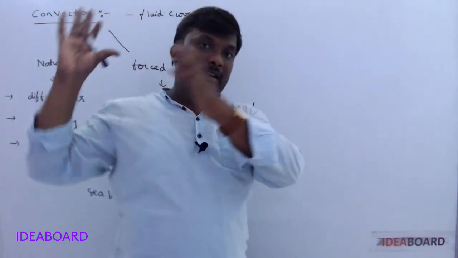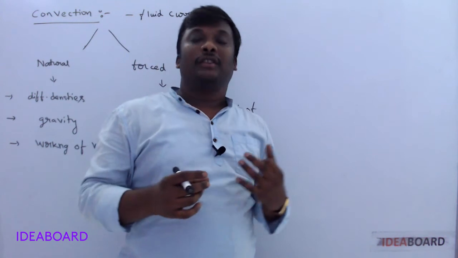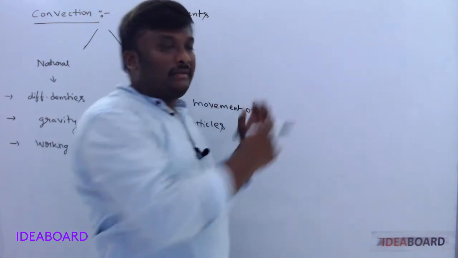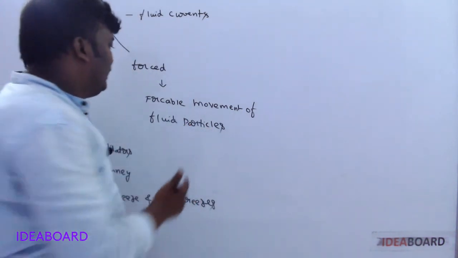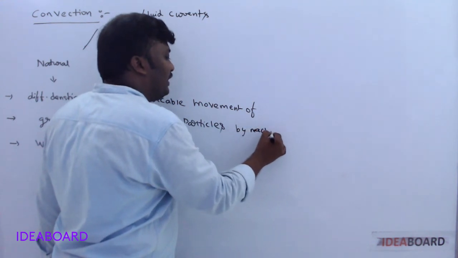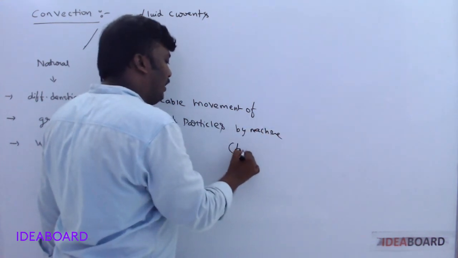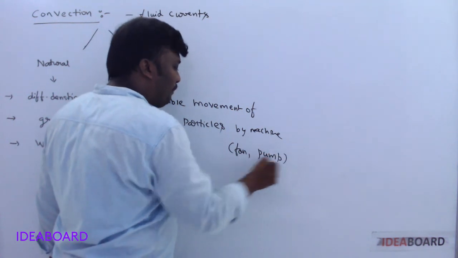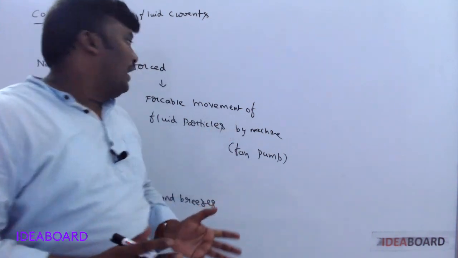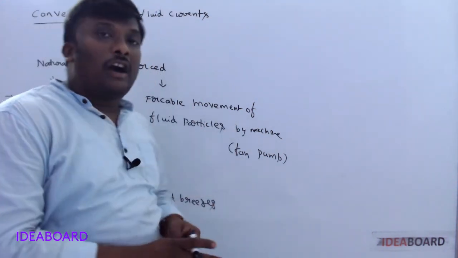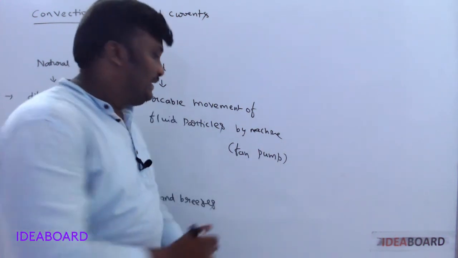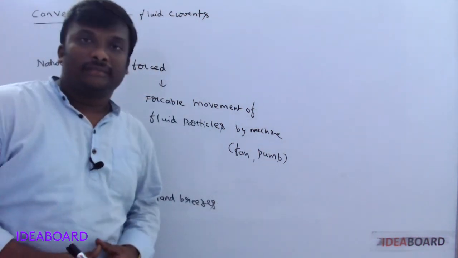Within the AC, there is an outside exhaust. The duty of the exhaust is to take the hot air from the room to the outside. This is forcible movement of fluid particles by using a machine. Here the machine is nothing but a fan or pump. If the fluid particles are forcibly moved using a pump or fan, the process is called forced convection. It is independent of g. Wherever you use a pump or fan, it is related to forced convection.